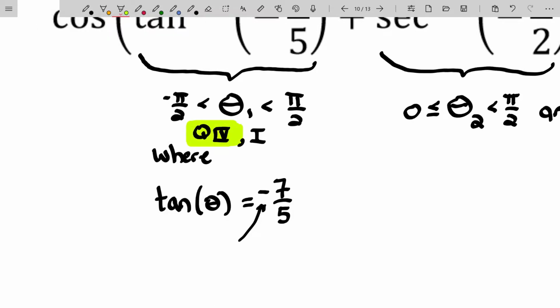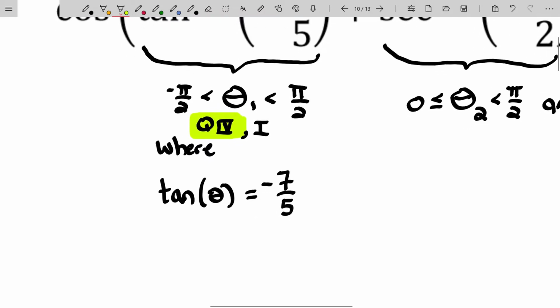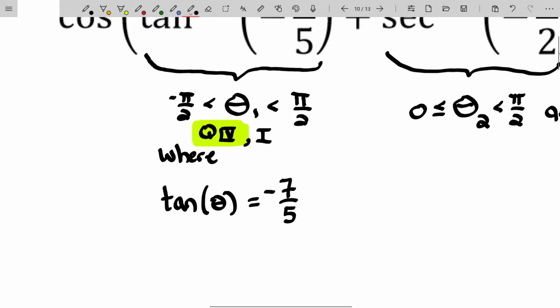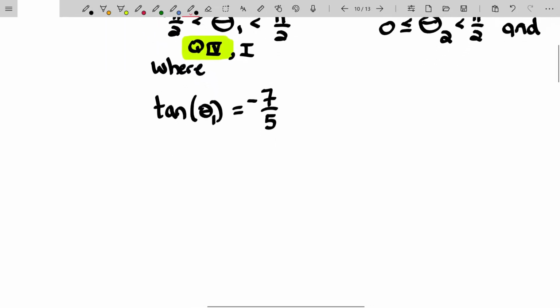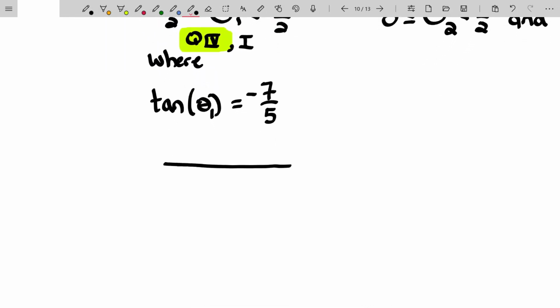So I know that theta 1, which I didn't label, is in quadrant 4. Now in these problems, it's best to draw it. So here is my theta 1 terminating in quadrant 4.